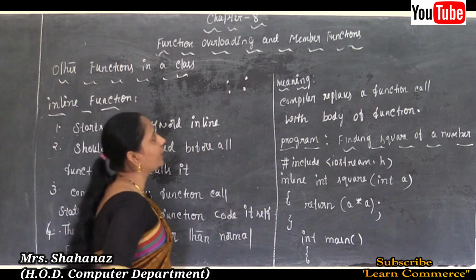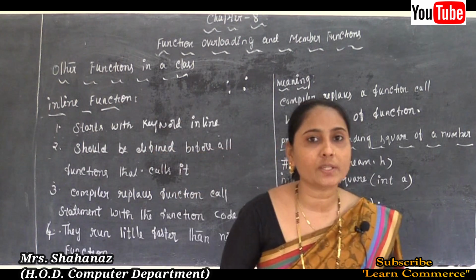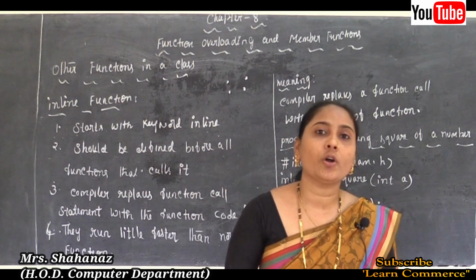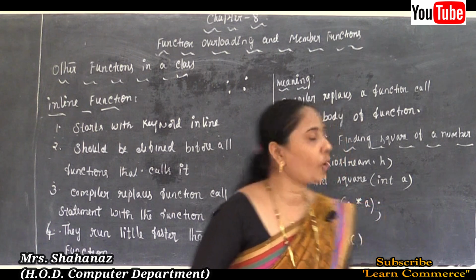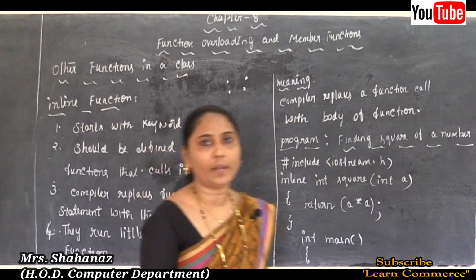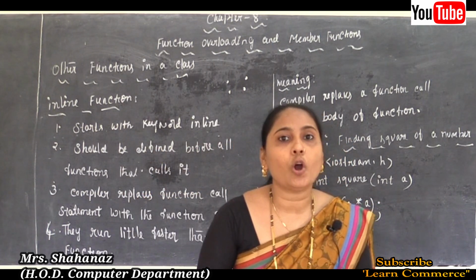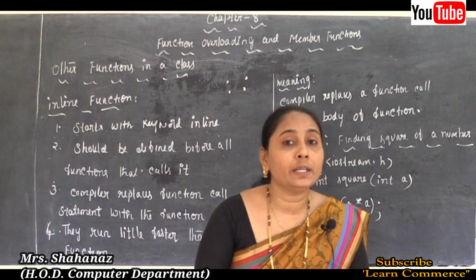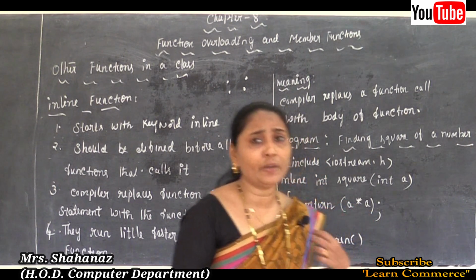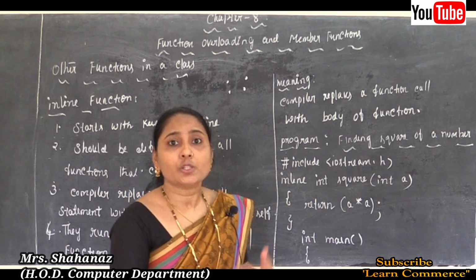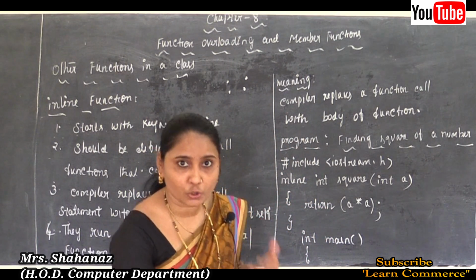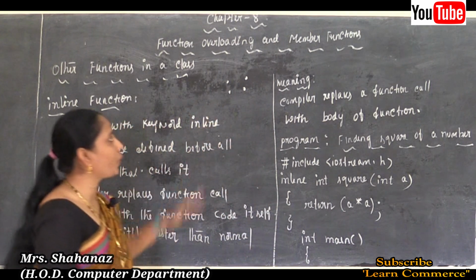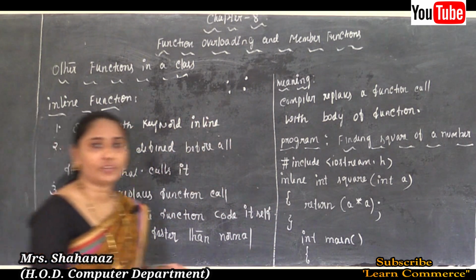That operator is called the scope resolution operator. It tells the compiler which class the operation belongs to, which class such a function belongs to in this case. So this is about our outside class definition.